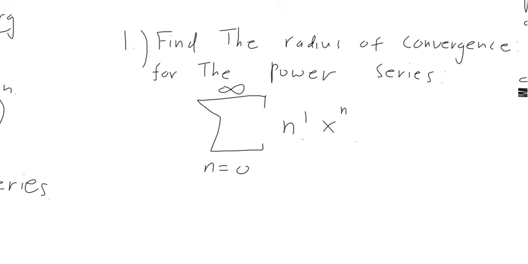Now, when looking at this problem, we need to figure out a few things here. I need to figure out what my a subscript n is. What is my sequence?